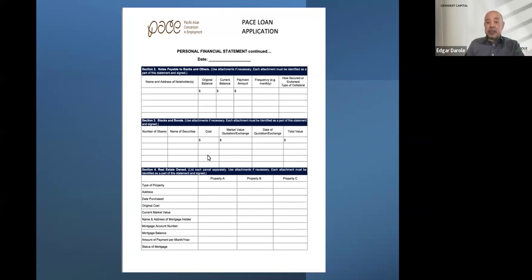Like I said, especially for residential properties, you can just Google it and go to Zillow or Redfin or Realtor.com, and they'll provide you with an estimated value. Then your mortgage balance, name and address of your mortgage holder, and mortgage account number. If you don't have it, you can just put NA or not available. Then mortgage balance, amount of payment per month or per year, and your status of mortgage, whether your loans are current or not.